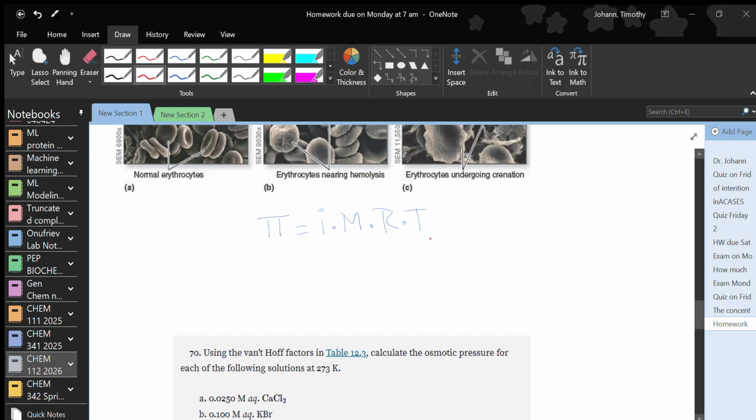So let's go ahead and label what all these are. This is the temperature in Kelvin. This is the ideal gas constant. And the form we're going to use for this is going to be this form, 0.08206 atmosphere liters per mole Kelvin.